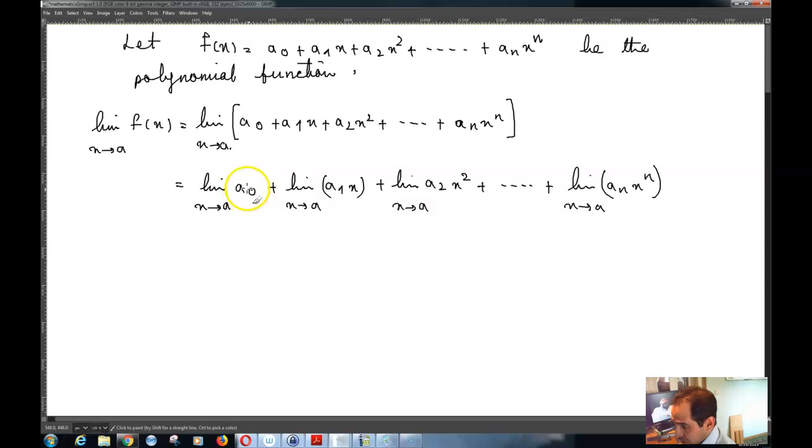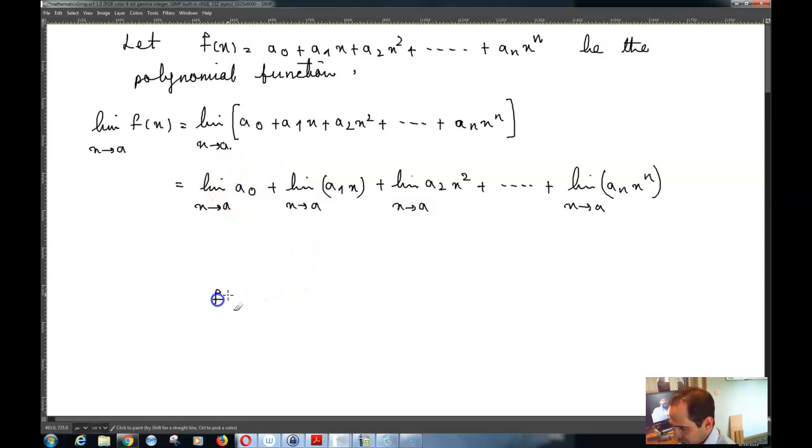Now, we said that these are real numbers, and of course when you take the limit of a number, the limit of a of 0 as x tends to a is that number itself, because you can think of this as a constant function.